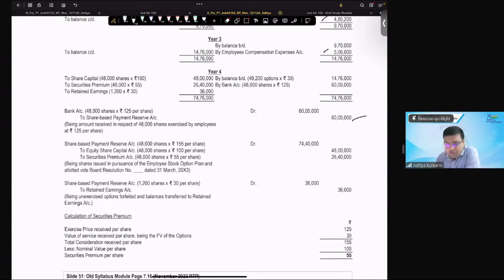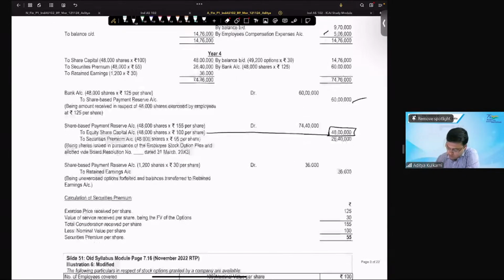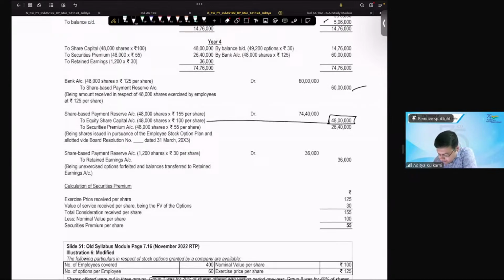So for 48,000 shares the credit should happen at 100 rupees, 48 lakhs. Is everybody in agreement with 48 lakhs? Yes, sir. Here there is no doubt. Now, I have received 125 rupees from each employee. Is it okay?